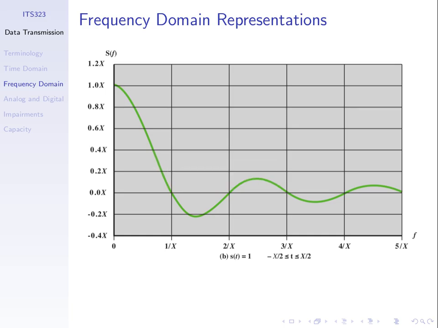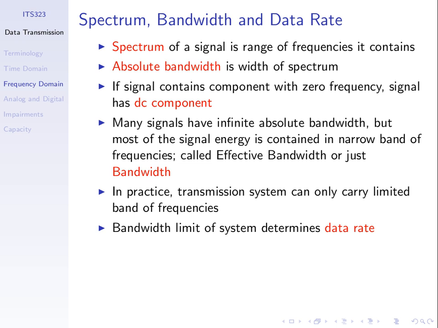Now, some terminology that we care about when we deal with signals, when we want to design signals. One thing we care about is designing a signal which gives us a high data rate. That's what we want to get to. How can we send bits fast? Well, a signal is made up of different sinusoid components, each with different frequencies.